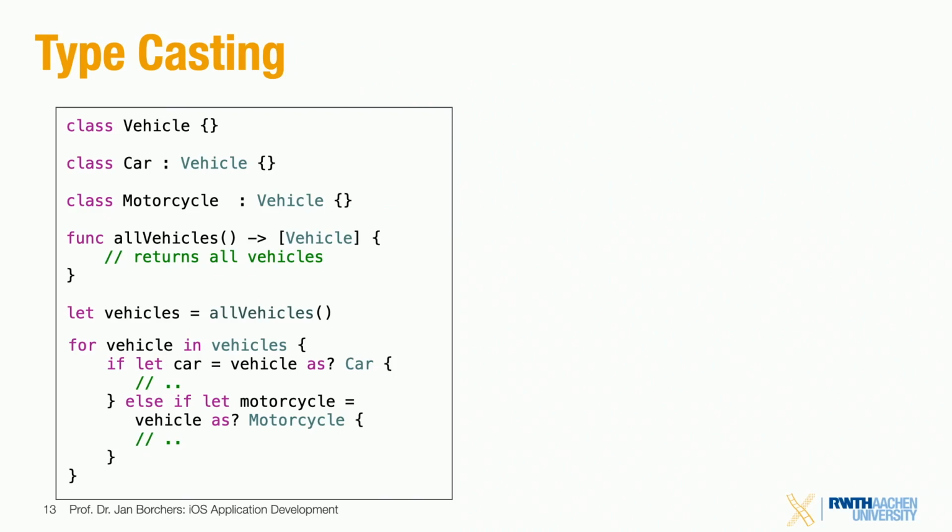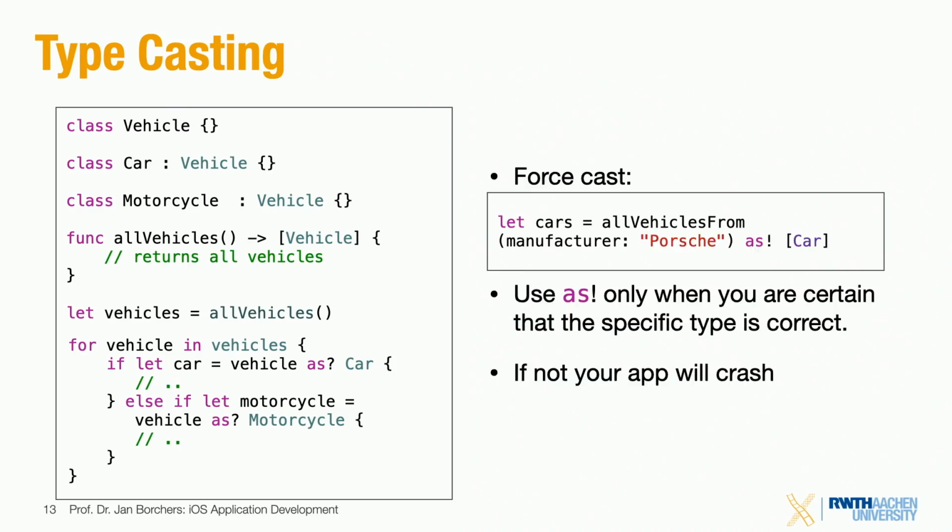Similar to the force unwrapping that we have for optionals, there's also the force casting. So if I have a function that returns all vehicles from a specific manufacturer, and I know every Porsche vehicle that I have is a car, I can use the as with the exclamation point to say, okay, I know that those are cars, I want to use them as cars as well.